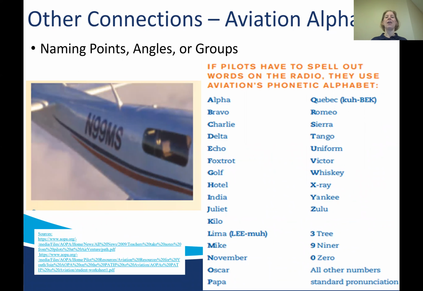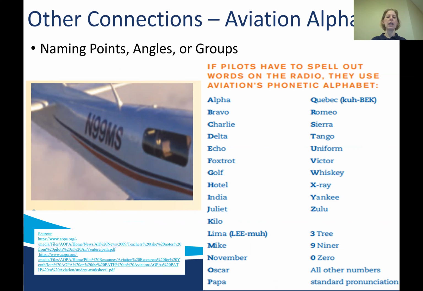Other connections: when I met with individuals that were going through aviation training to become pilots, I asked them, what would be a topic that you really wish that your teachers would bring forth in just a regular classroom? And one thing that they had shared was the idea of the aviation alphabet. So simply naming points, if you're plotting points on a coordinate plane, or naming angles, or simply putting students into groups, using the aviation alphabet is a real simple way to expose students to aviation concepts.